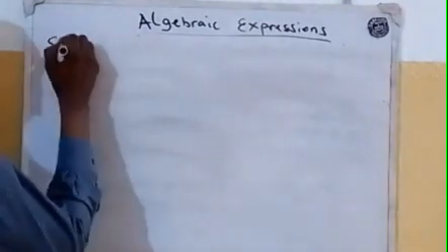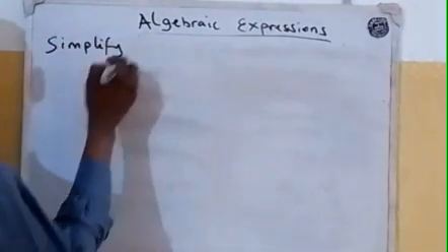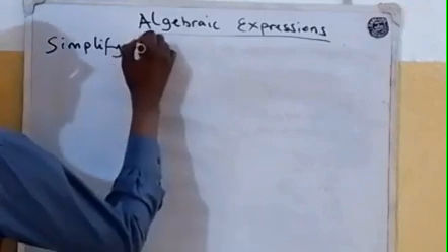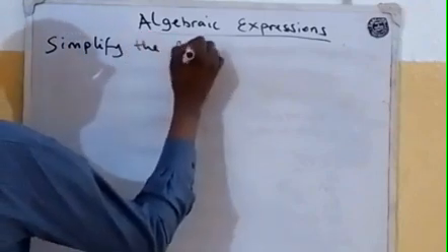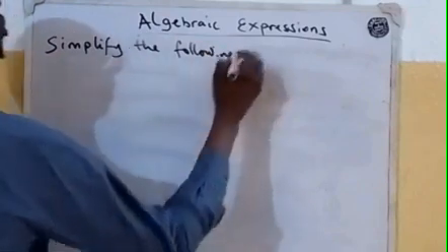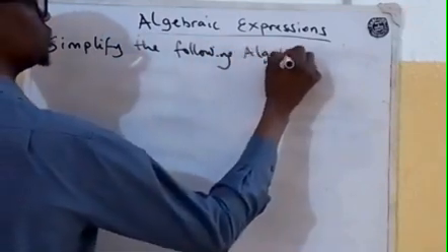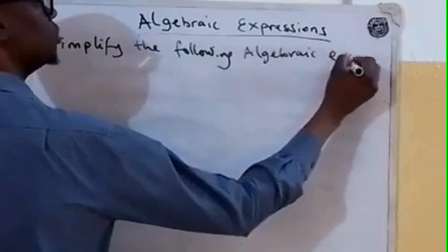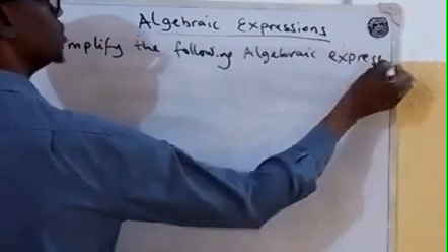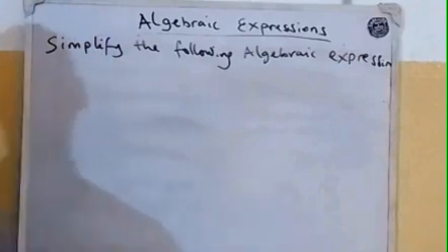So a like term is a term that is similar to another term. For instance, I'm going to be quickly simplifying some expressions here. If we are told to simplify the following algebraic expression, I'm going to use this question for three other ones.